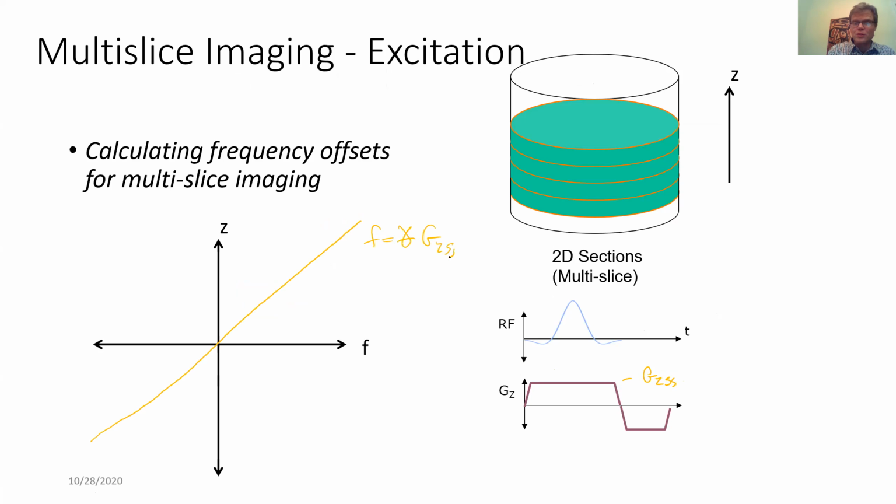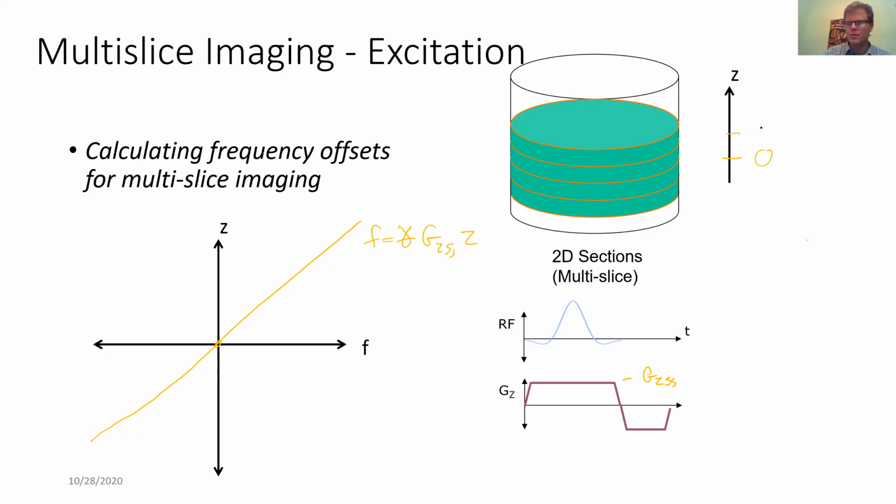So during the slice selection gradient, frequency is gamma bar times the gradient amplitude times the position. So we can use this relationship to say, we have, say, Z is 0 here.